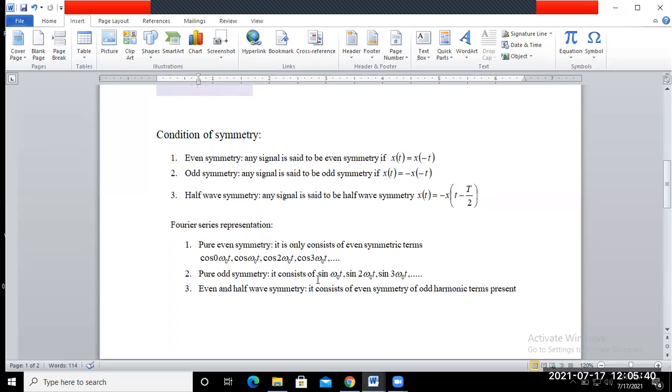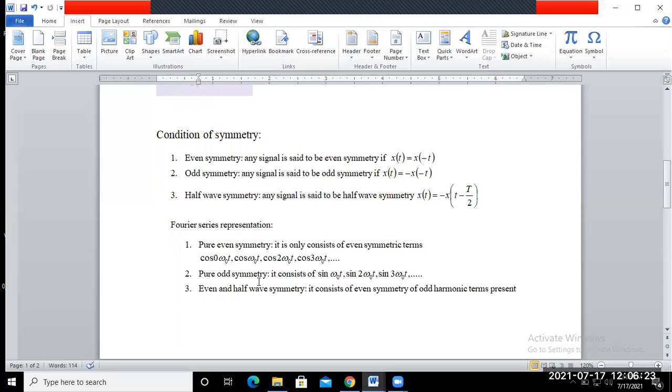Any waveform follows either pure even symmetry, or even and half wave symmetry, pure odd symmetry, or maybe the odd symmetry as well as the half wave symmetry. Concentrate on the cases where both are followed. If even and half wave are followed, then cosine terms of the odd harmonics are present, and if odd and half wave are followed, then sine terms of the odd harmonics are present.